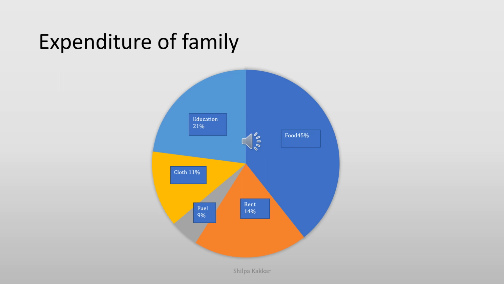Next, when we are going to write, we'll talk about each slice one after the other. Then we can talk about education. With education, we will compare clothes: the money which the family has spent on education and clothes.